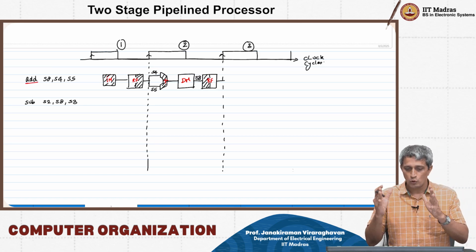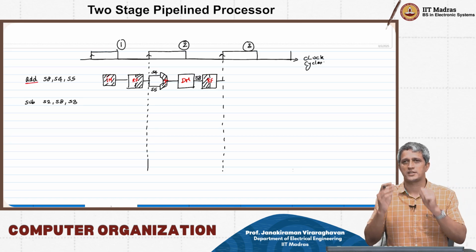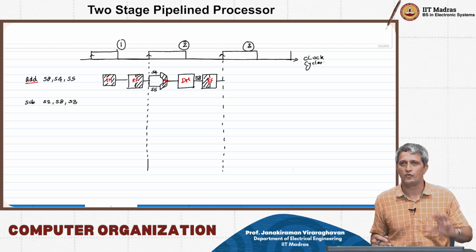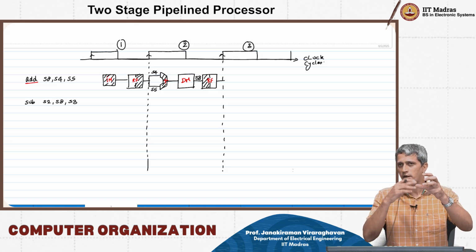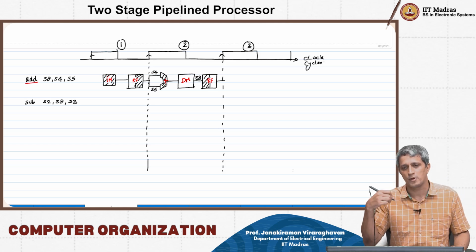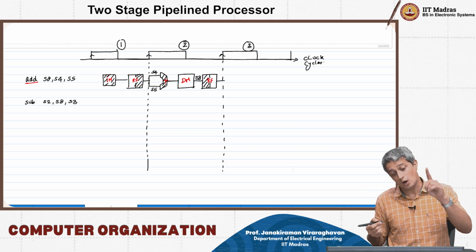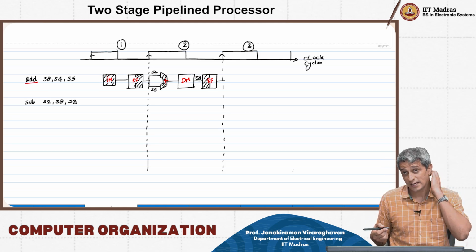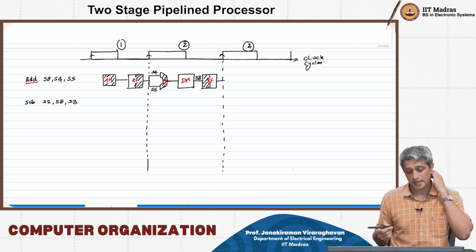Now if you look at the subsequent cycle, in cycle 2, when the ALU is executing and data memory write back is happening, the instruction memory and register file decoding of the next instruction, subtract, will kick in here.